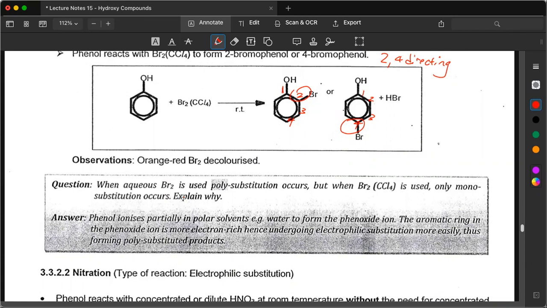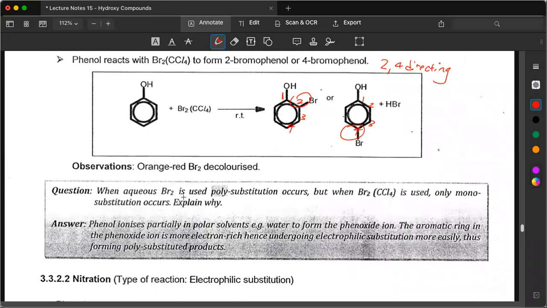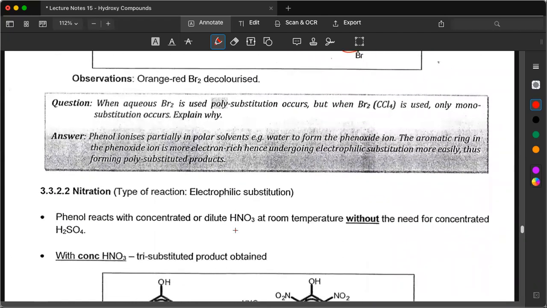Then the aromatic ring in the phenoxide ion is more electron rich because the electrons on the O minus can move into the delocalized ring, making it more susceptible to electrophilic substitution and forming poly-substituted products.